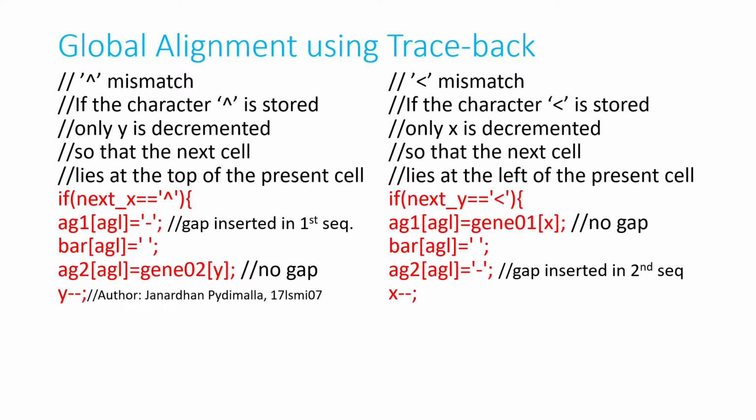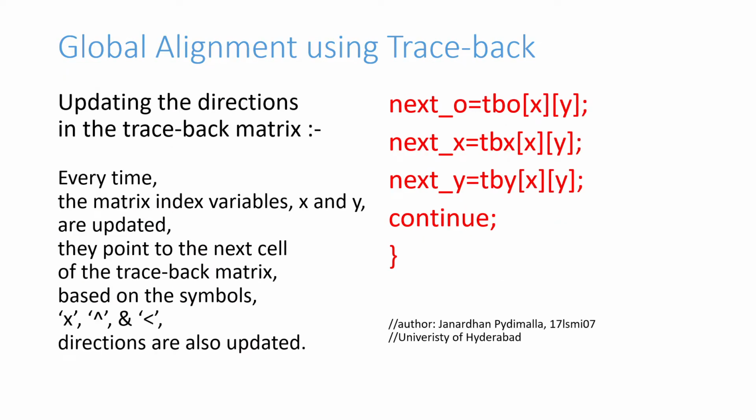For the top case, only Y is decremented. For the left case, only X is decremented. And while updating the directions, the array variables TBO, TBX and TBY, and the next O, next X and next Y variables are updated accordingly, according to the decrementation done in the if conditions.